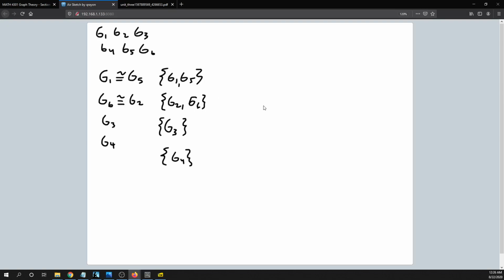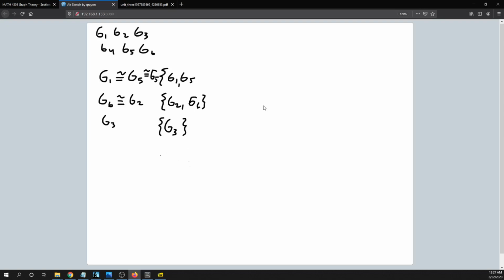So for instance, say you found that G4 was also isomorphic to G5. Well, then since it's transitive, it's automatically going to be isomorphic to G1.